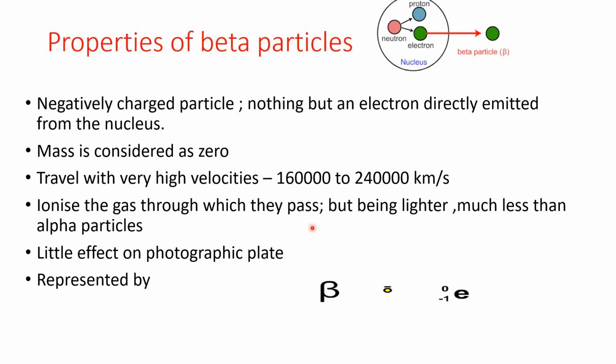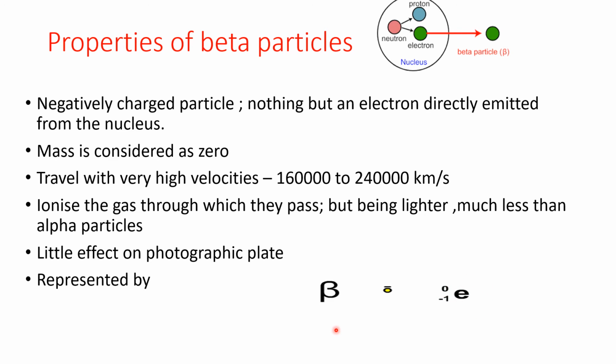Being light particles, they can of course cause ionization much the same way as alpha particles, but since they are very light, they move through the gas and therefore they are not able to cause ionization to the same extent as alpha particles, and hence they have very little effect on the photographic plate. They are generally shown by the symbol beta or beta minus and represented as e, -1, 0.